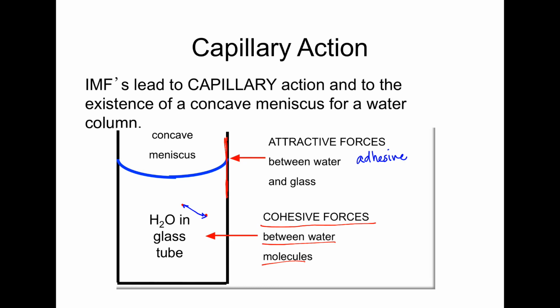So the adhesive forces are the attractive forces between the water and the glass. Now, if these water molecules are attracted to the glass, why aren't they just crawling up the sides? Why aren't they just pulling themselves up there? Well, it has to do with the push and pull between our adhesive forces and our cohesive forces.